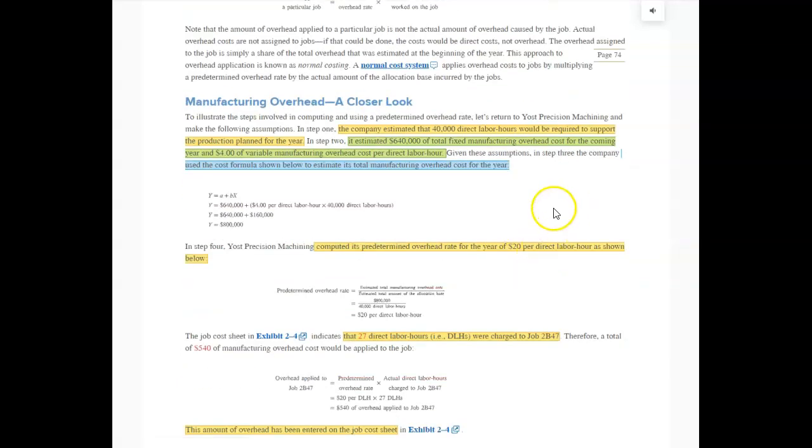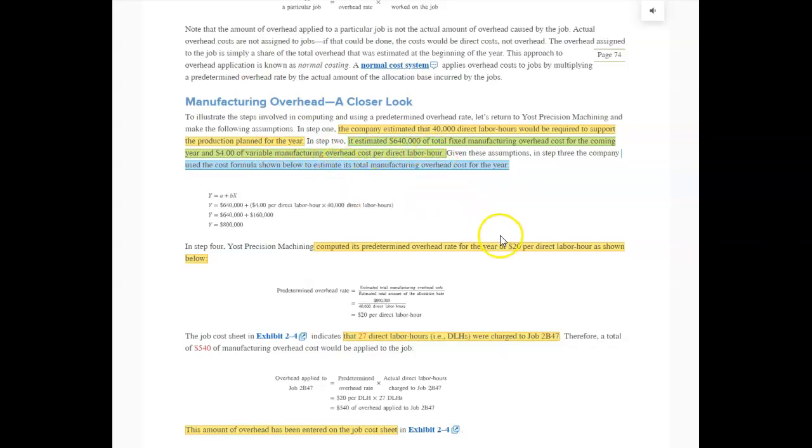So with some numbers here, let's go through this with numbers. The company estimates it's going to have 40,000 direct labor hours for the whole year coming up. And we estimate that $640,000 of total fixed manufacturing cost will be incurred, plus $4 of variable manufacturing overhead cost per direct labor hour.